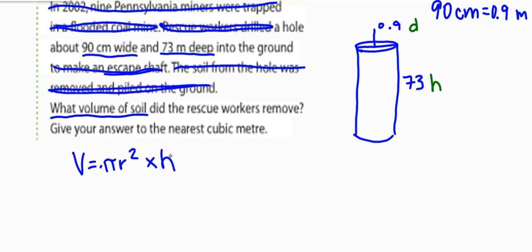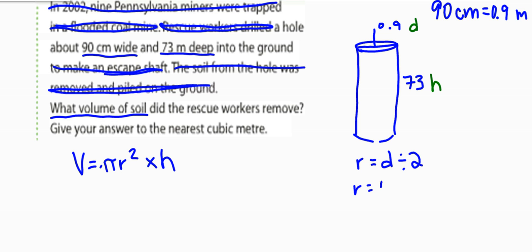Well, I know my height, but diameter and radius don't work together. So I actually have to turn my diameter into a radius before I can keep going. In order to do that, I need to know that radius is my diameter divided by 2.